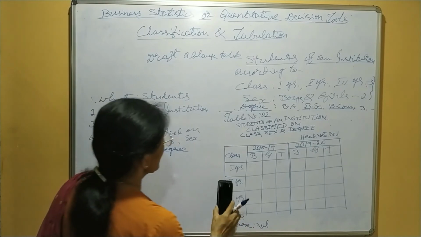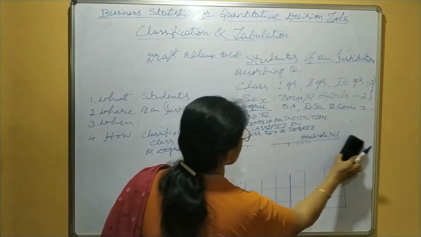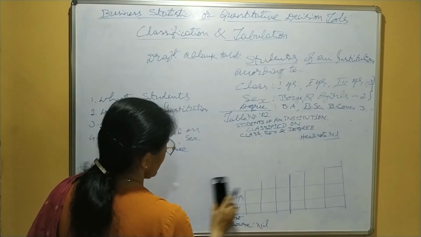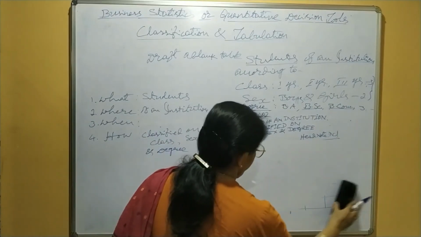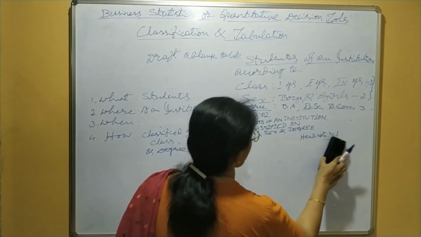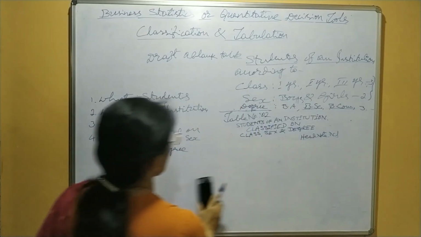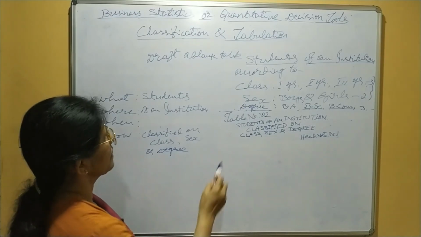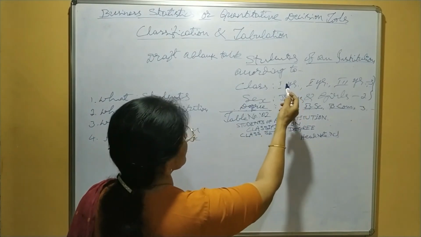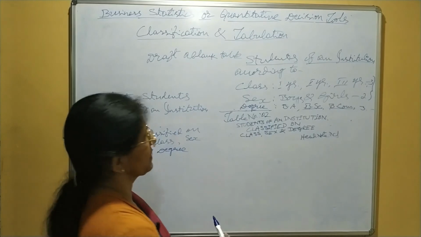Now how you have to draw the blank table. Now here we have clubbed class and sex to columns.